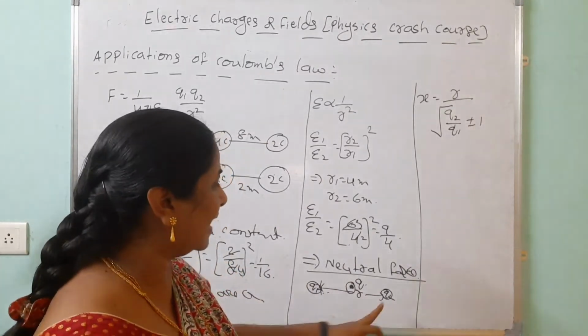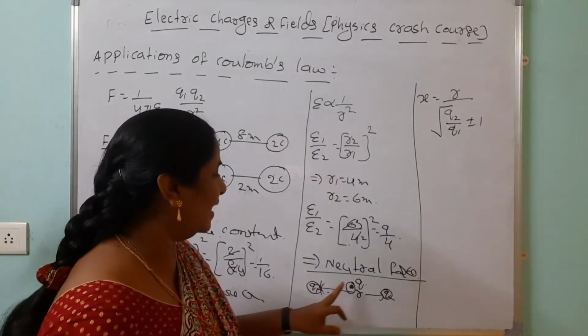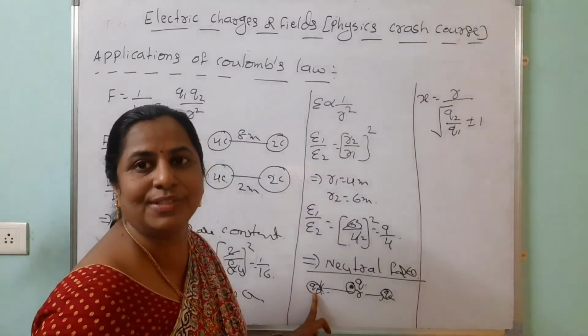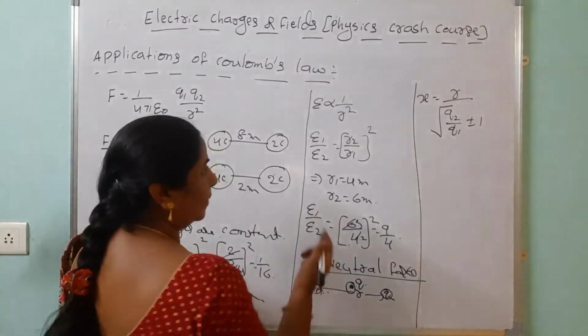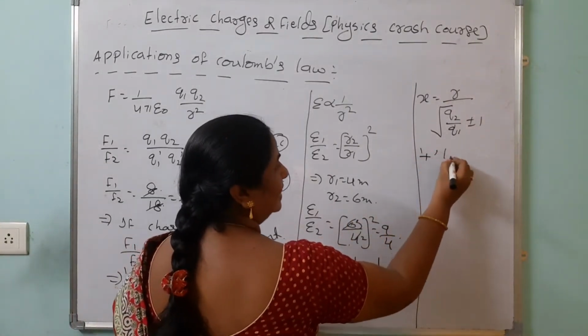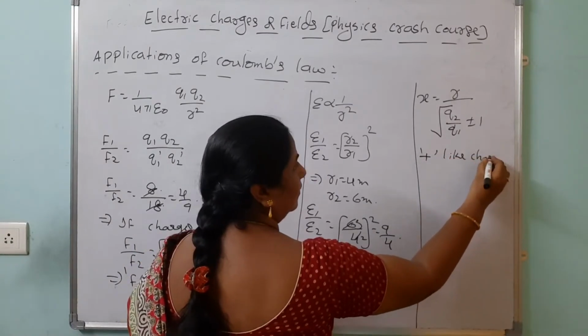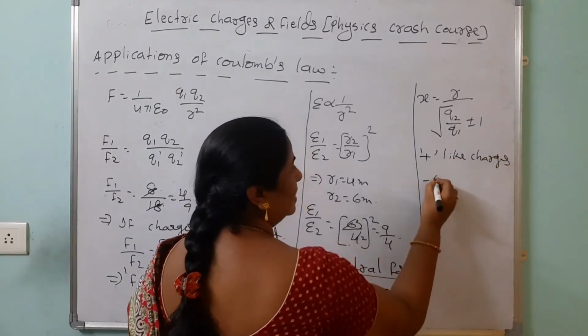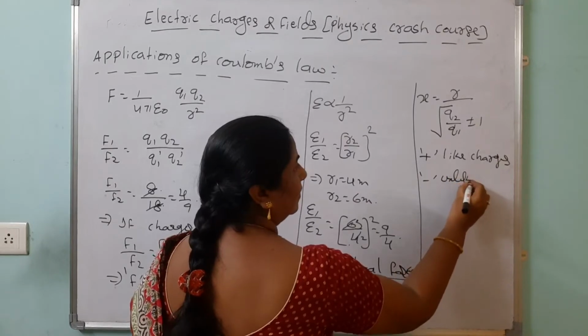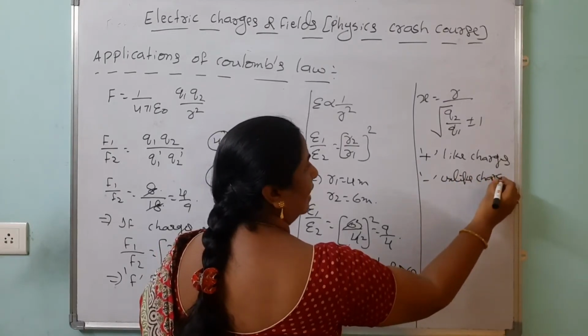So q2 is the second charge and q1 is the first charge. r is the distance between these two charges. Plus is for like charges and minus is for unlike charges.